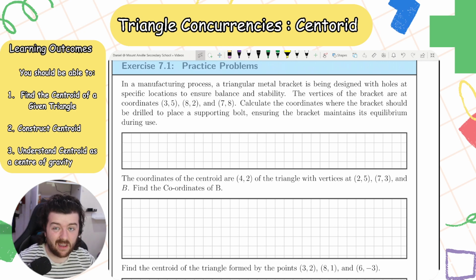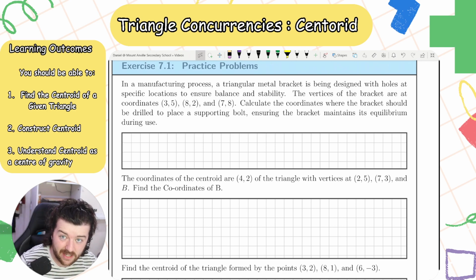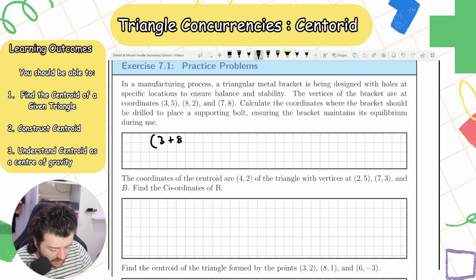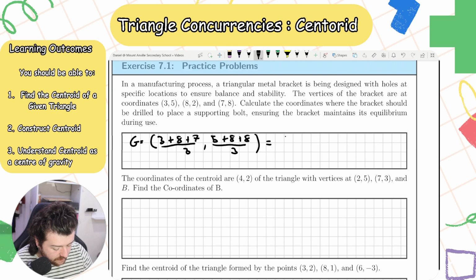So we're just finding the center of gravity of this triangle. That's going to be (3 plus 8 plus 7) divided by 3 as my x coordinate, and (5 plus 8 plus 8) divided by 3 as my y coordinate.